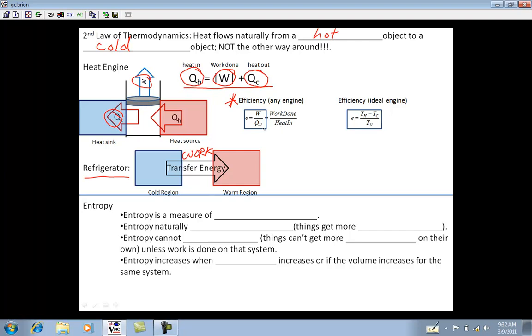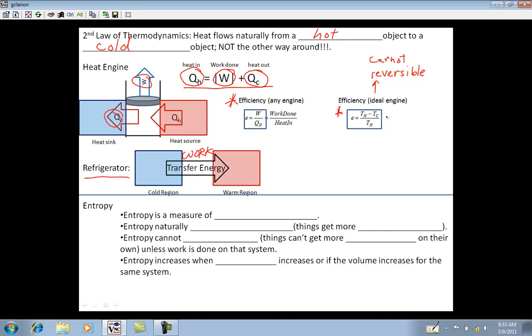Now, when they tell you it's an ideal engine, you can use this equation. Or if they use any of these words, write these down: reversible, Carnot, which is a type of engine, then this is the equation you will use for what's called an ideal engine.